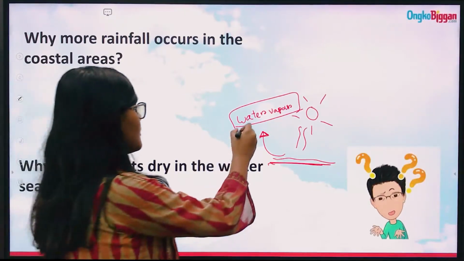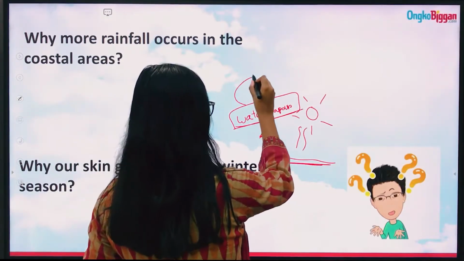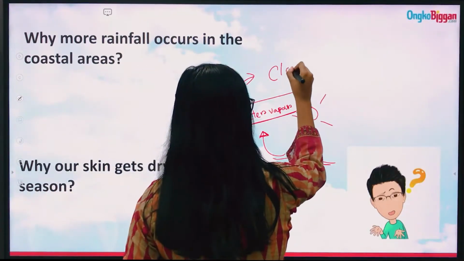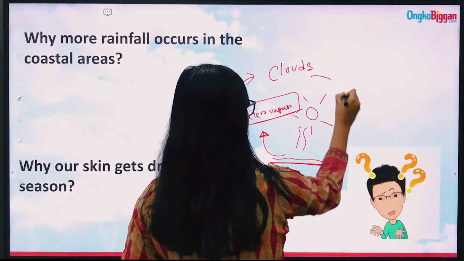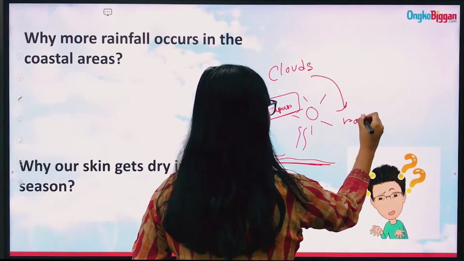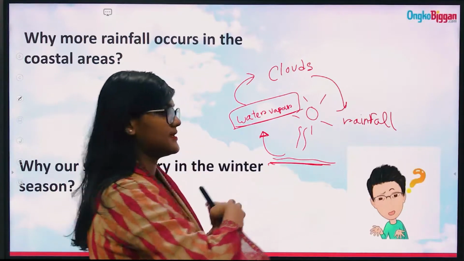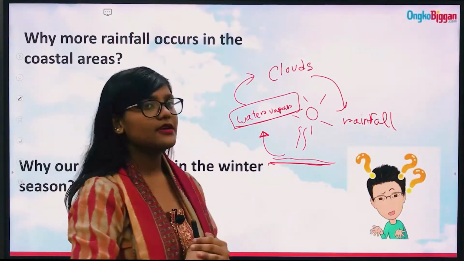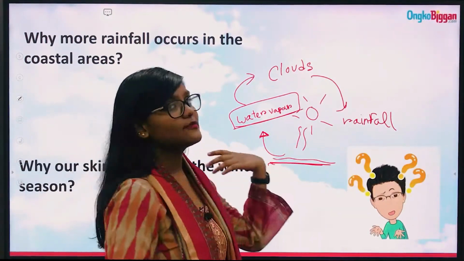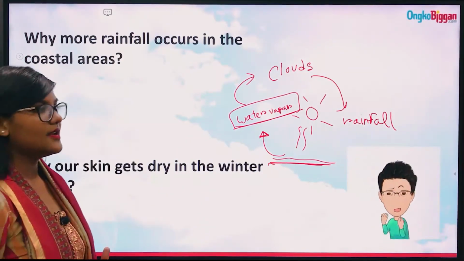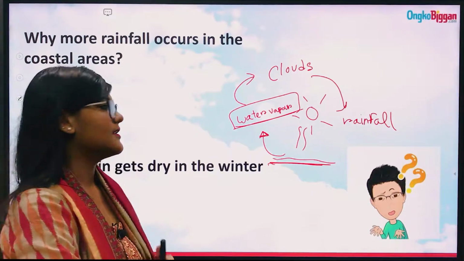Like we know, from water vapor, by the process of condensation, clouds are formed, and then we get rainfall. So when there is lots of water, more water vapor will be converted into clouds and you will get more rainfall. That's why in coastal areas we get lots of rainfall.